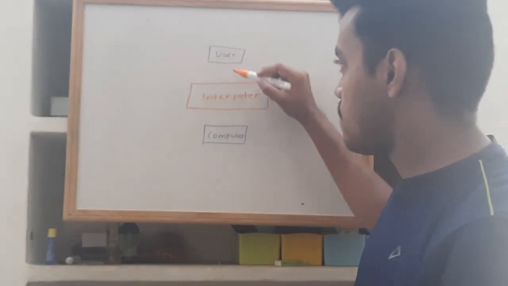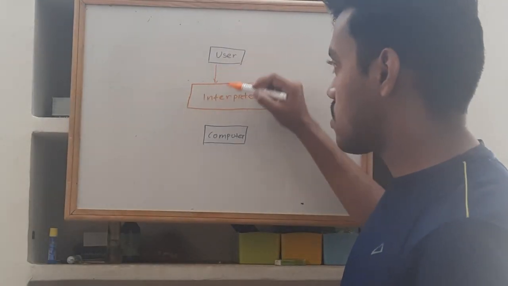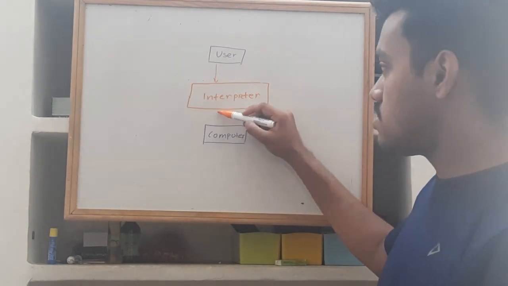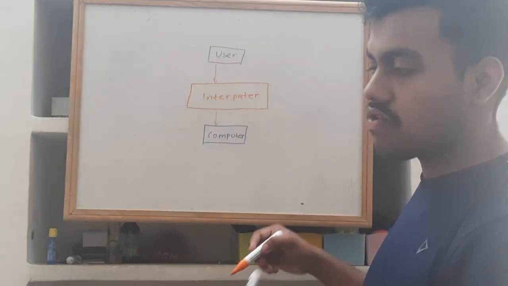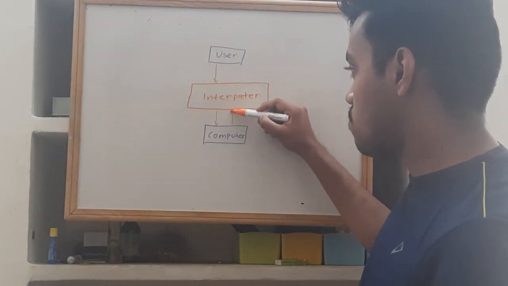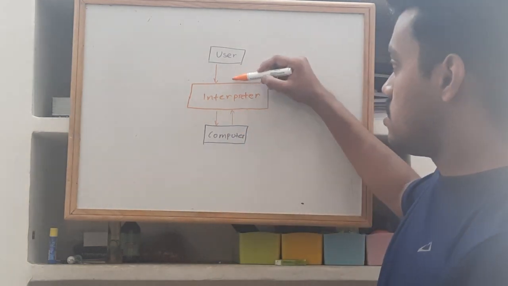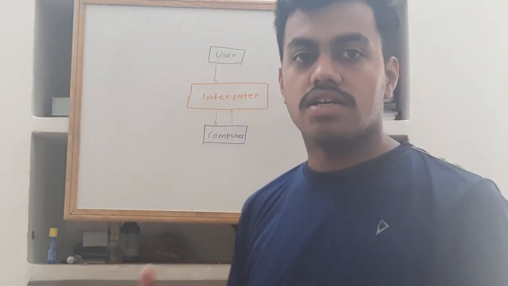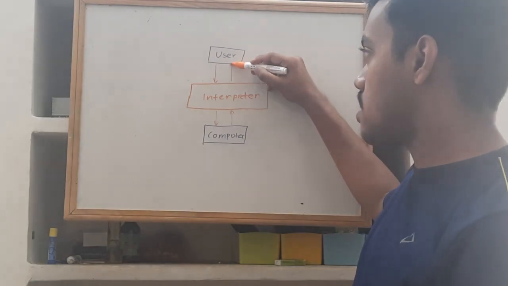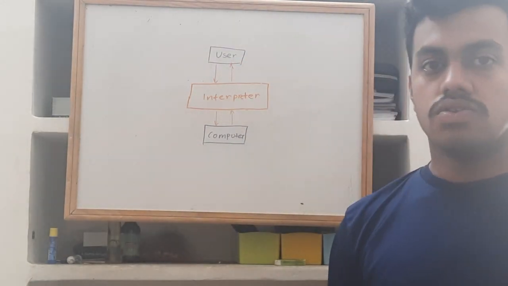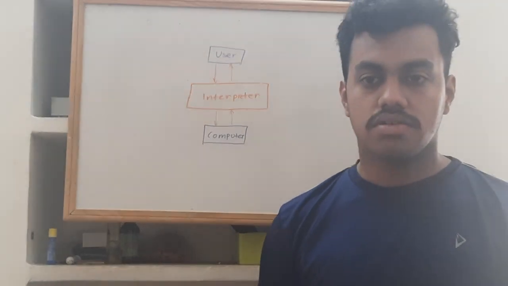And the information is flowing like this. This is the program. The program gets interpreted, sent to the computer, an output is formed. The output goes to the interpreter. The interpreter puts it in a way that you can understand, and that goes back to the user. So that's the job of an interpreter.